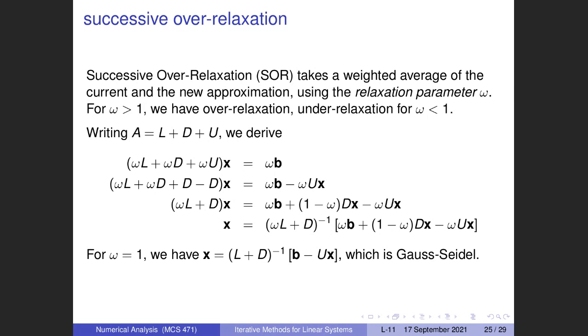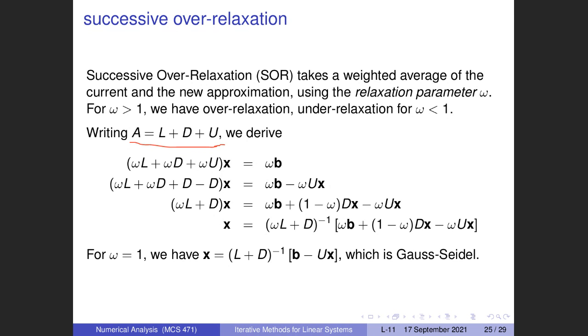And we can see this method also as a fixed point iteration. So the formulas again start from the decomposition, so the summation of the matrix as a lower diagonal part, a diagonal part, and an upper diagonal part. But now we introduce this weight, and you can see we multiply through, so we actually get the same equation.